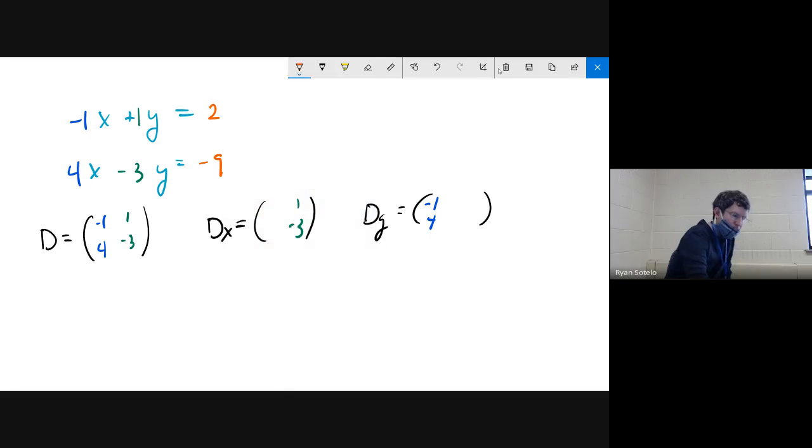But the X matrix will replace the X column with these extras, while the Y matrix will replace the Y values with these extras. And we just need these determinants.